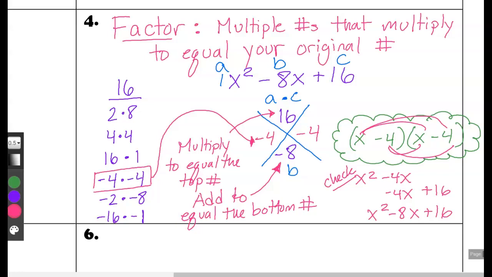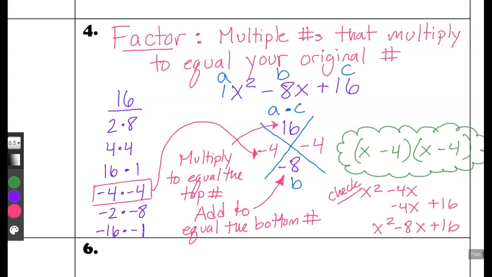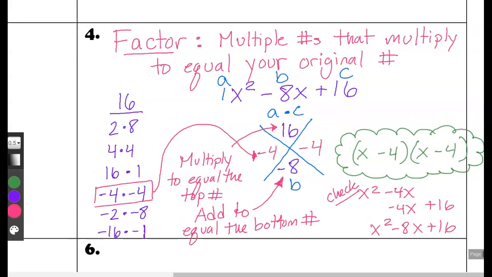If you ever want to check yourself to see if you did this correctly, you can always just multiply the two parentheses together, and if it equals the original quadratic, you did your work correctly. If it doesn't equal the original quadratic, you did something wrong. Are there any questions on factoring so far? I'll do another one.